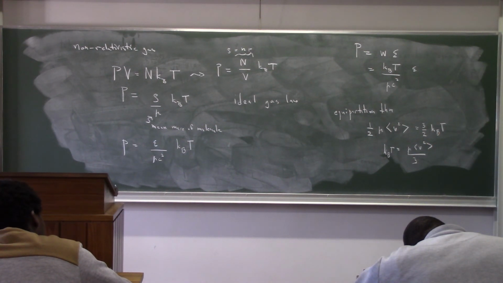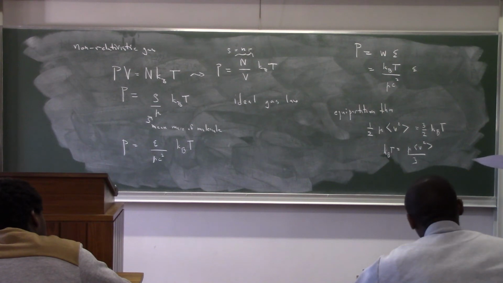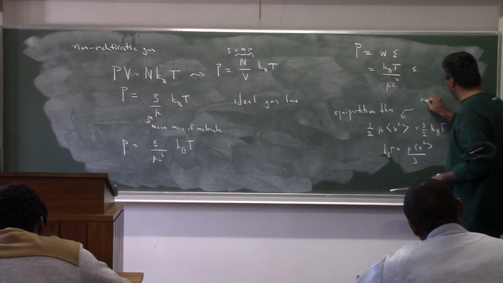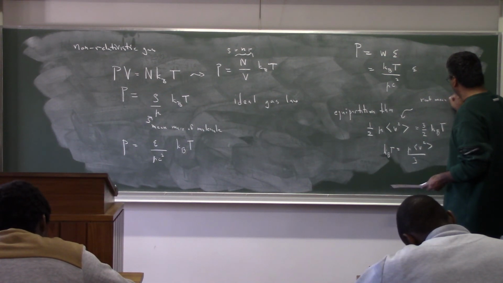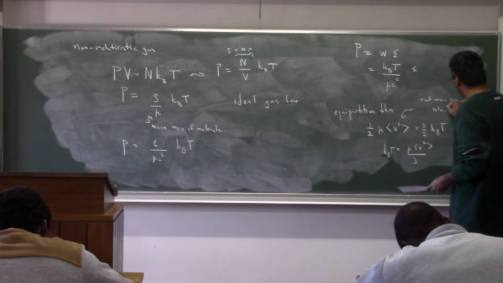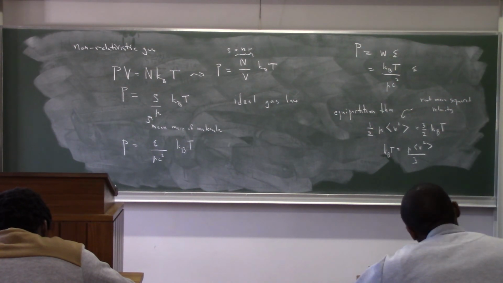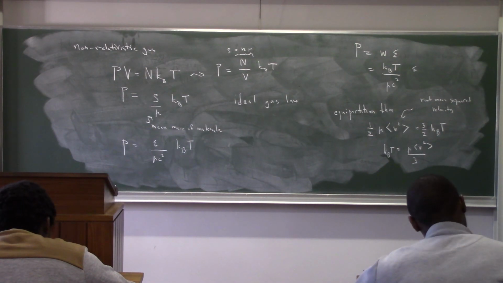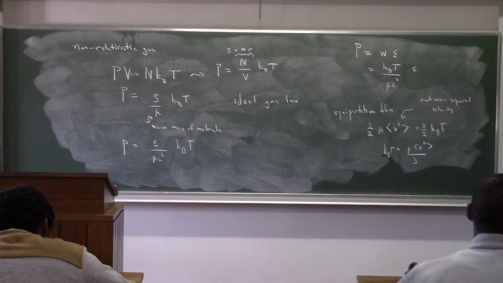Here v is the root mean squared velocity. It's related to how often gas molecules collide with each other, and that's related to temperature, because temperature is generated by collisions of these molecules.